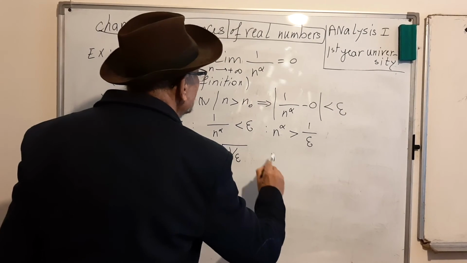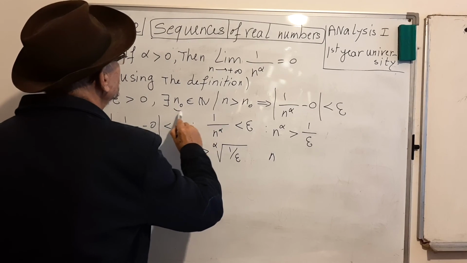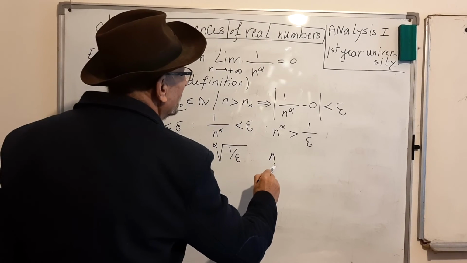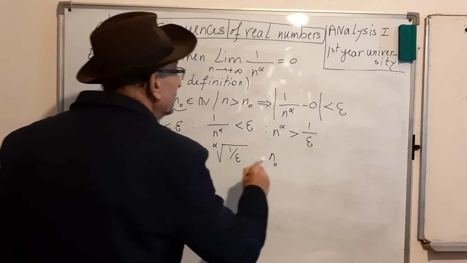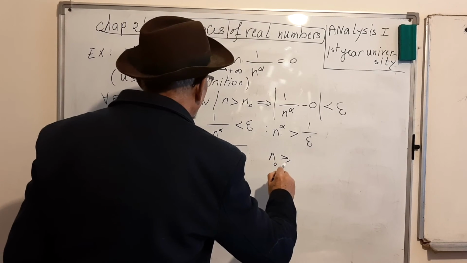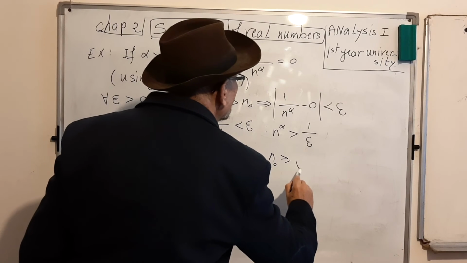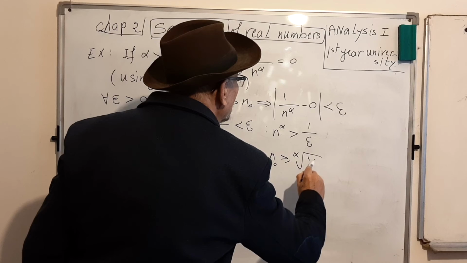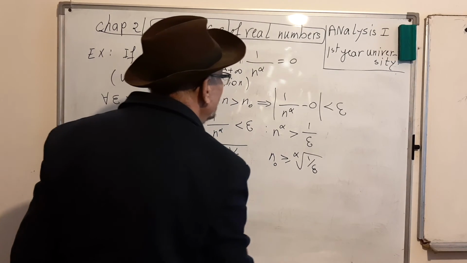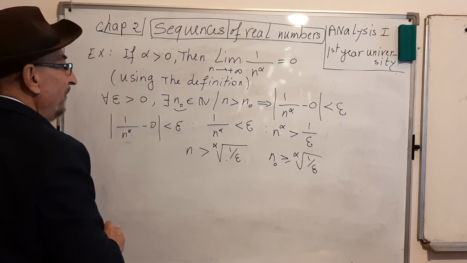So we can take n0 greater than or equal to the alpha root of 1 over epsilon.